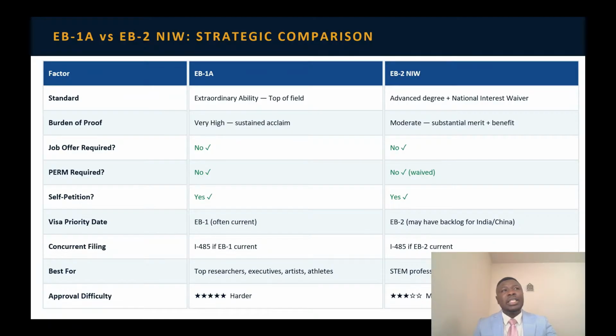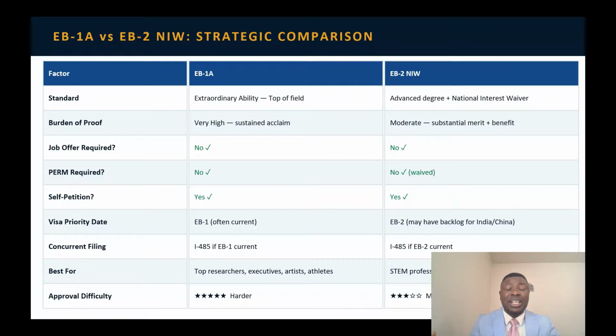Now, it is better to go for EB2 NIW with a very strong profile than to go for EB1 with a borderline case. So let's look at factors in EB1 and EB2.